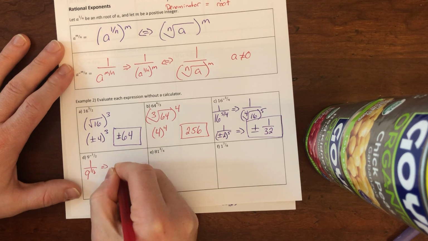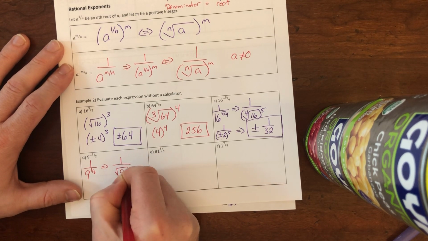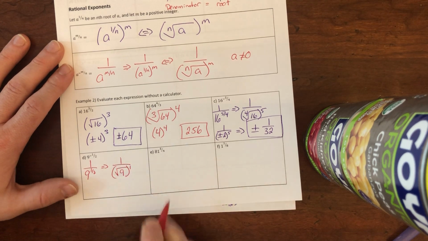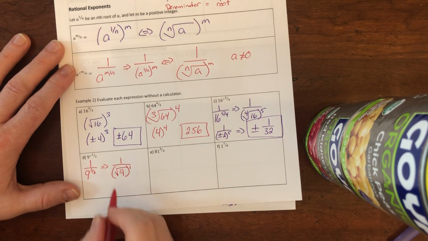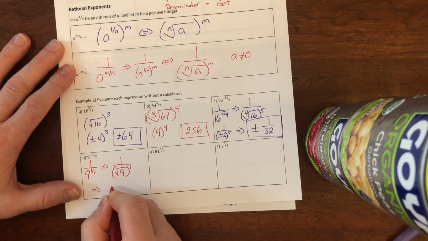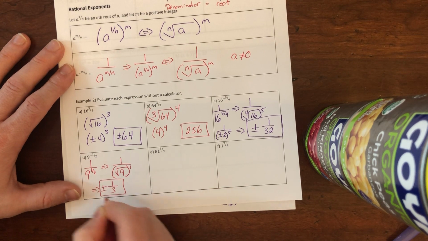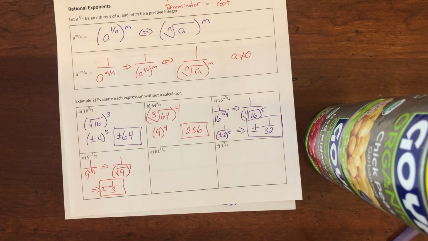So this will really be 1 over the square root of 9, and just to show you, that would be to the 1st power to keep our pattern going here. Well, what's the square root of 9? It's 3. So we would say plus or minus 1/3, right? Because if we raise 3 to the 1 power, it's still 3.